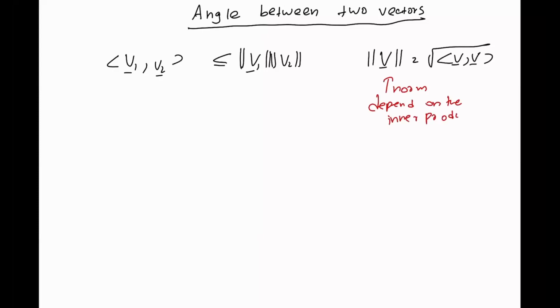That's why I told you in the beginning, when you're doing the linear algebra module, you need to forget the inner product you are used to, because most probably you will straight away get the feeling that this is the Euclidean dot product. That is not the case, because you have to use the defined dot product for that vector space. So this norm is not the norm we have considered earlier. It depends on our inner product.